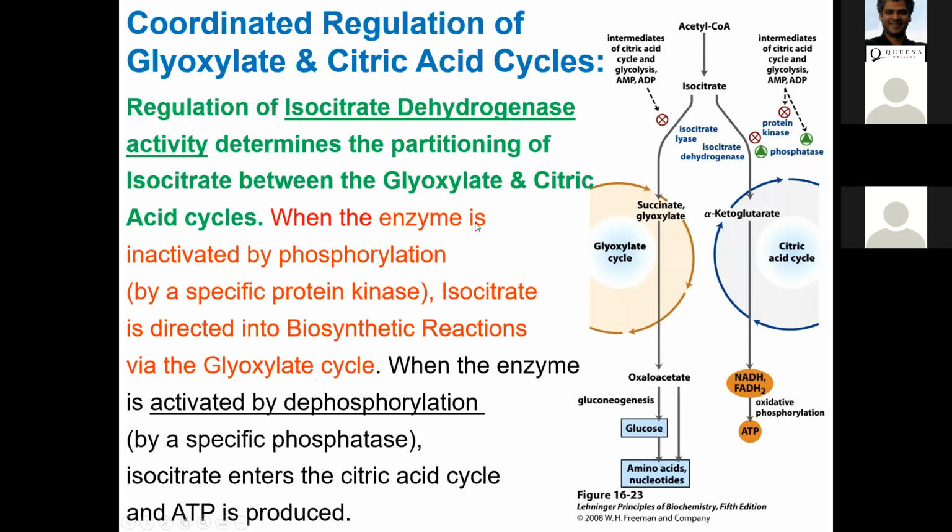So when the enzyme is inactivated by phosphorylation by a specific protein kinase, isocitrate gets diverted into the biosynthetic reactions via the glyoxylate cycle. So isocitrate will go left, okay, when isocitrate dehydrogenase is inactivated by certain protein kinases.